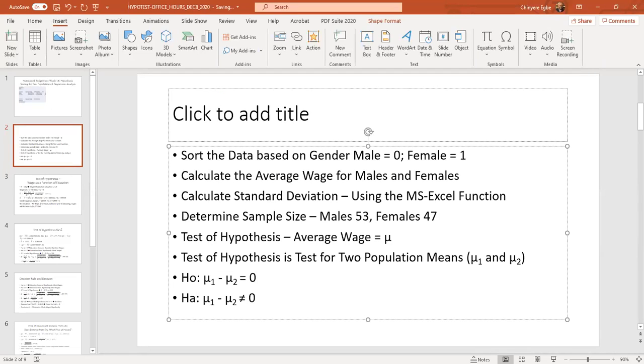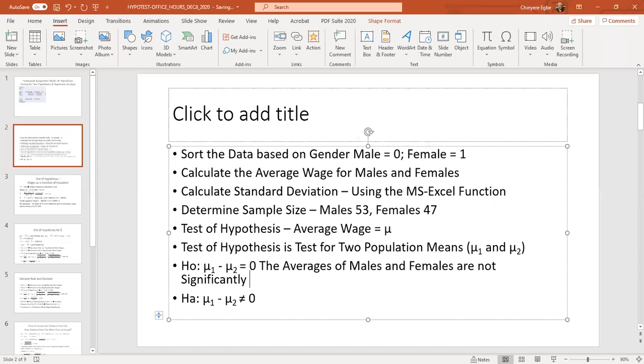The average wages of males and females are not significantly different. That's your null hypothesis.